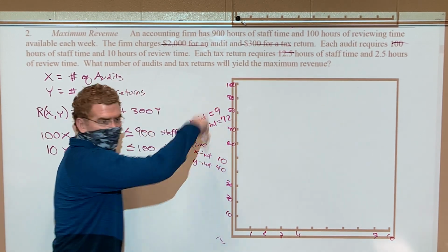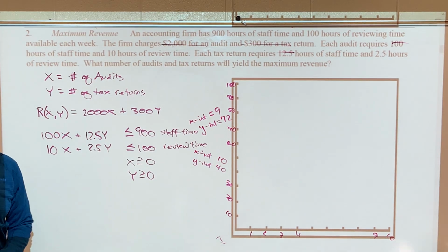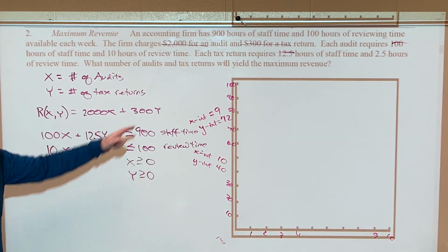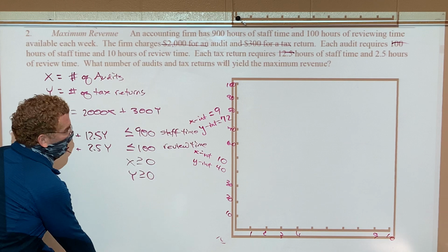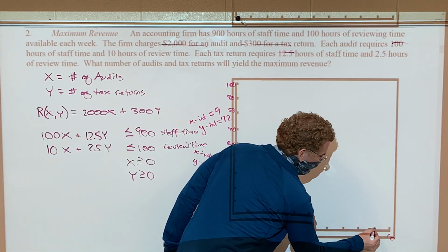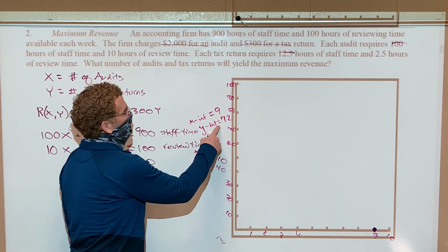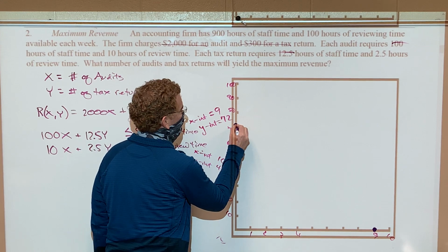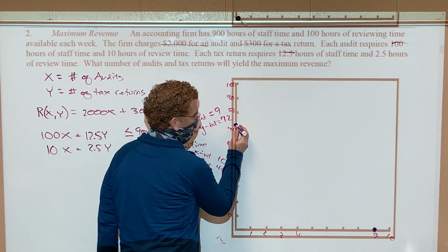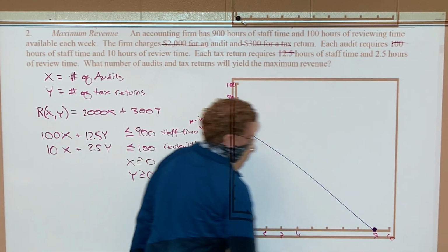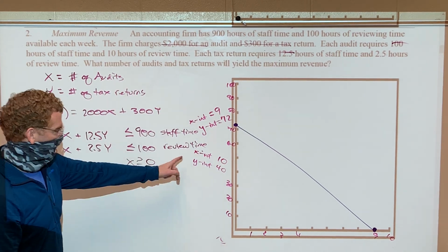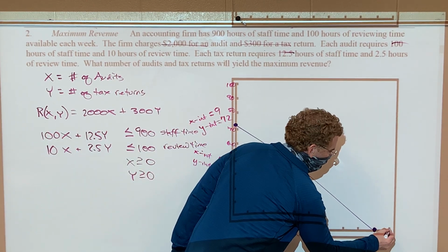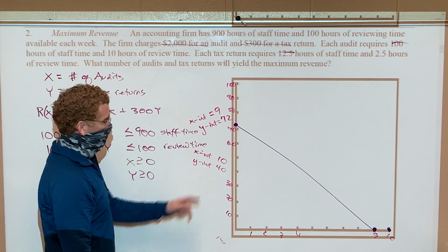But it's totally up to you how you number them, as long as you can get everything in there. So I'm going to graph this first one. X-intercept of 9. Y-intercept of 72. Second one, X-intercept of 10. Y-intercept of 40.